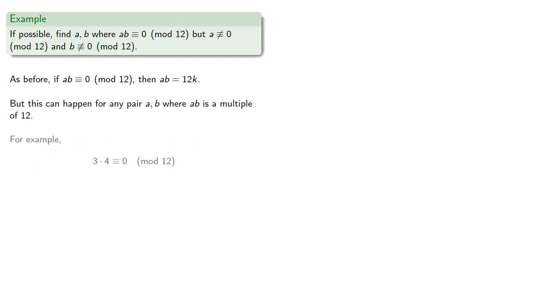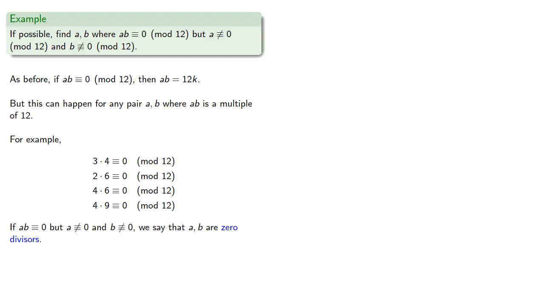For example, 3 times 4 is 12, that's congruent to 0. 2 times 6 is congruent to 0. 4 times 6 is congruent to 0. 4 times 9 is congruent to 0. So we see this nice zero product property of the real numbers doesn't hold for non-prime moduli. And we have a term for this. If the product is 0 but neither factor is 0, we say that the two factors are 0 divisors.